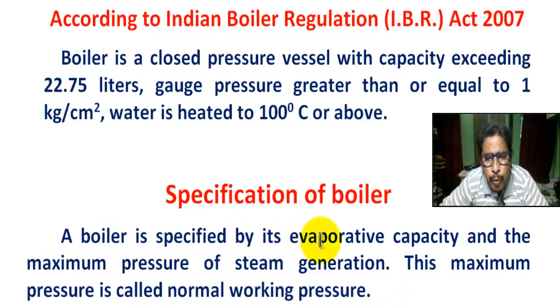Here, the evaporative capacity of a boiler is given as kg of water evaporated per hour. Evaporative capacity is also measured as kg of steam per hour or kg of steam per kg of fuel burned.